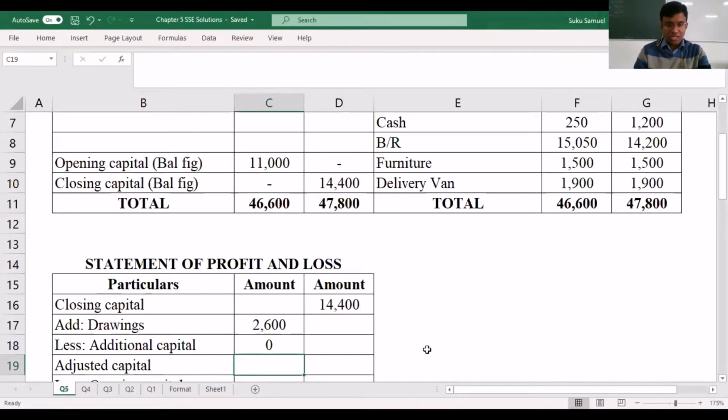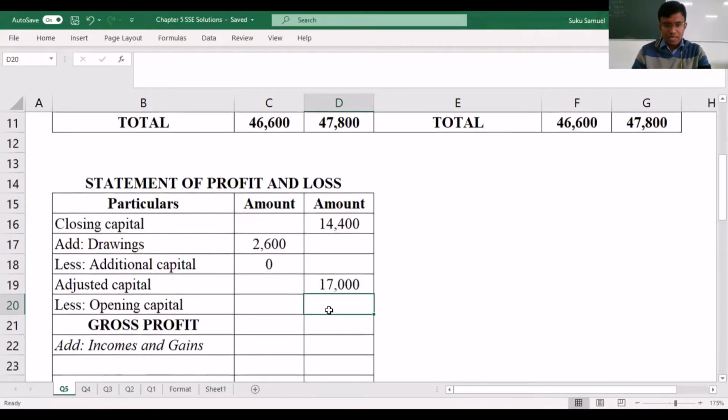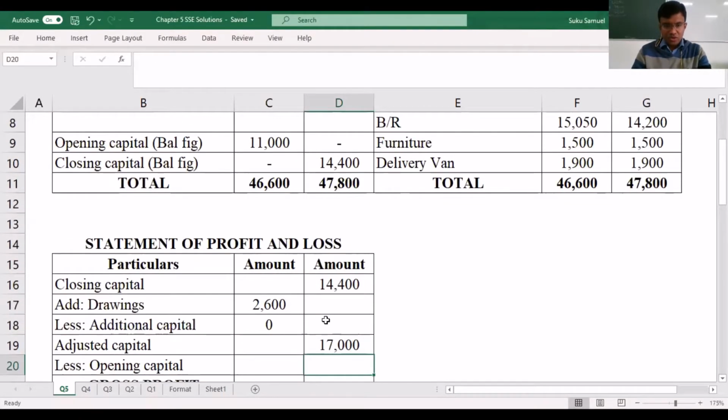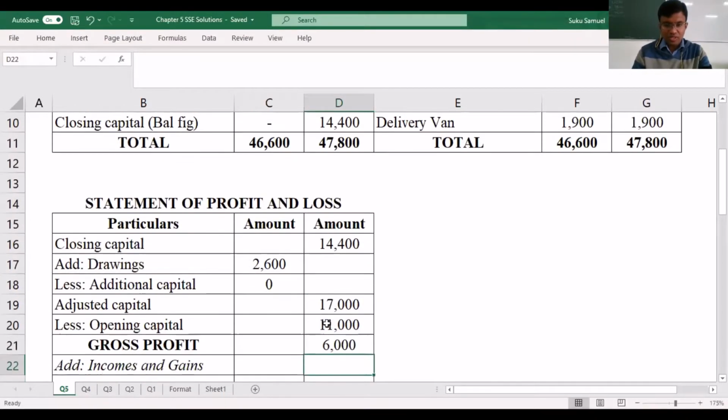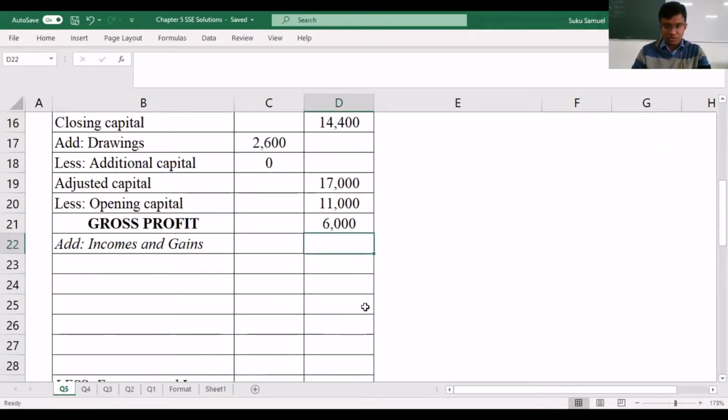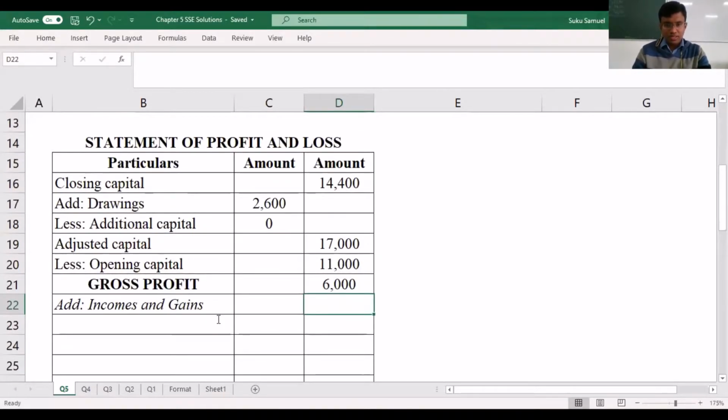We do not have additional capital. So when we work this out together, the adjusted capital works out to be 17,000. From this, you have to subtract the opening capital. Opening capital is 11,000. So 17,000 minus 11,000, the total works out to be 6,000.